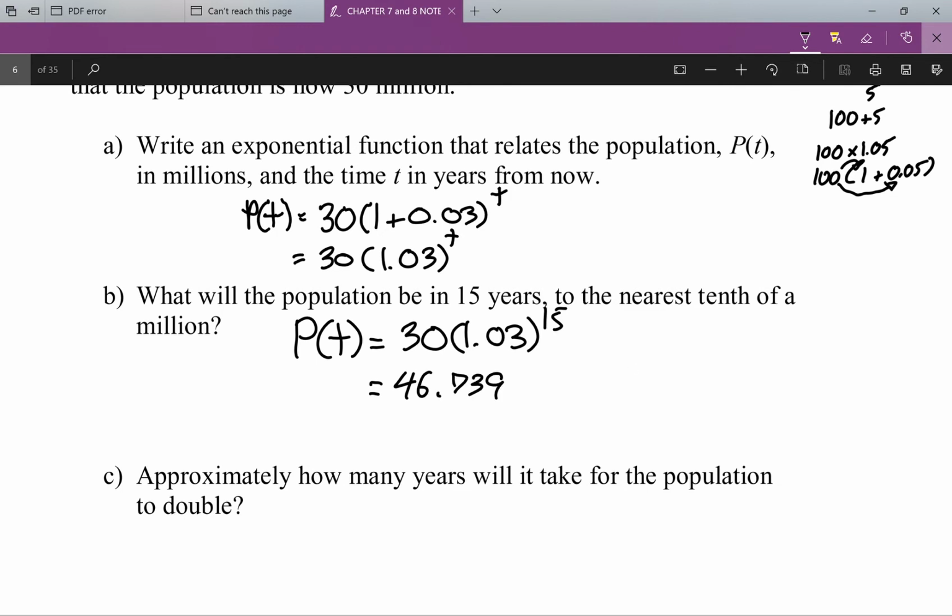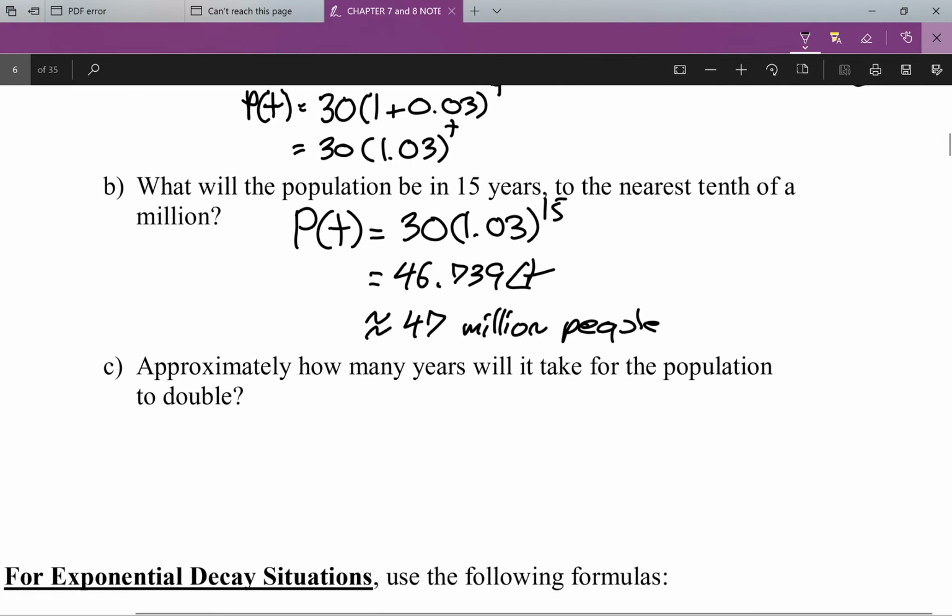And I carried quite a few digits right there. But we'll just round this up and we'll say, well, that's approximately 47 million people. Now I rounded this quite a bit, but I also do have my original answer sitting right there.